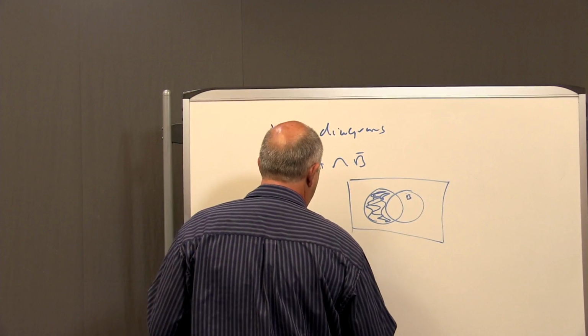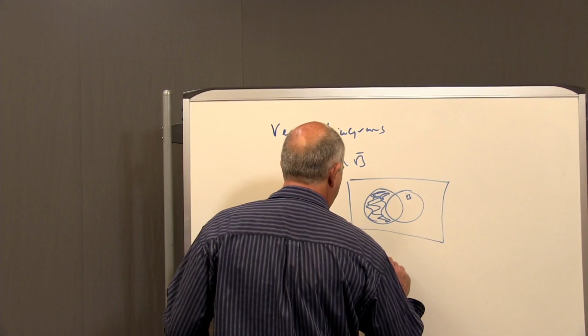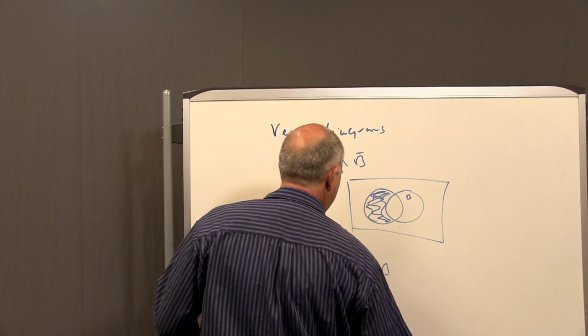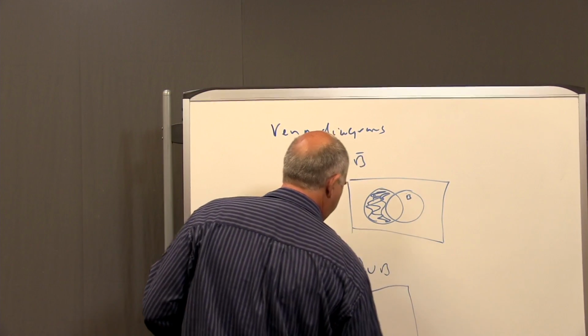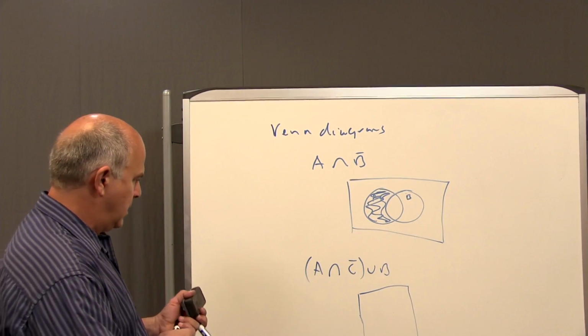Or A intersect C bar union B, our three-set Venn diagram. Let's see.